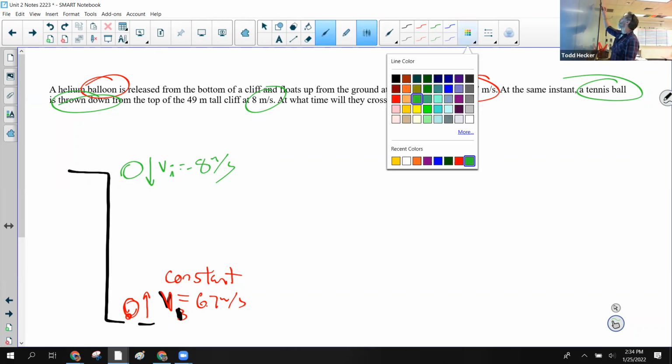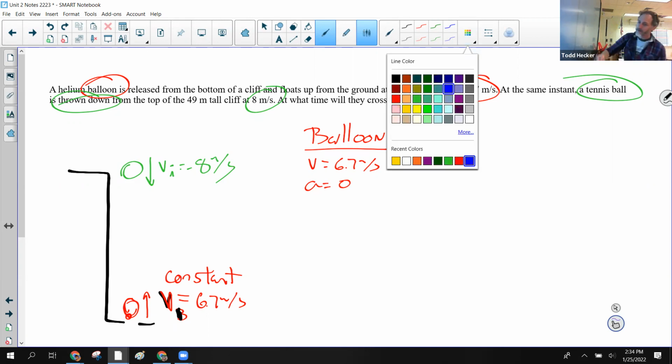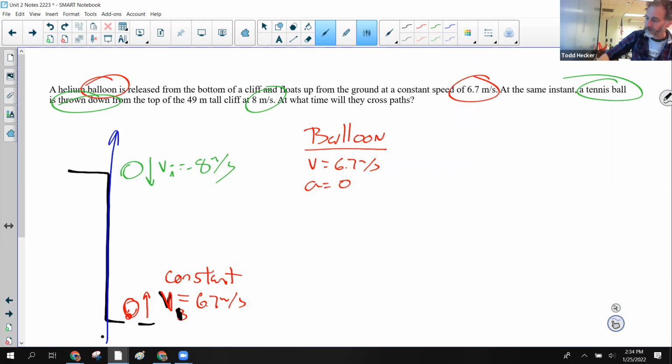So for the balloon, here's what we know. I know that the velocity is, as I said a minute ago, 6.7 meters a second. I know the acceleration is 0. Now, to talk about position, we need to decide on an origin. What we should be picturing is a number line that runs vertically along my cliff here.